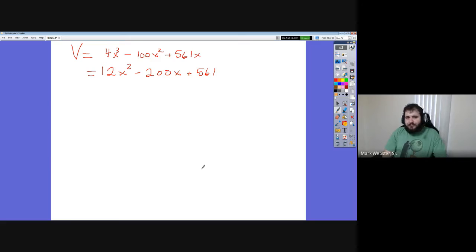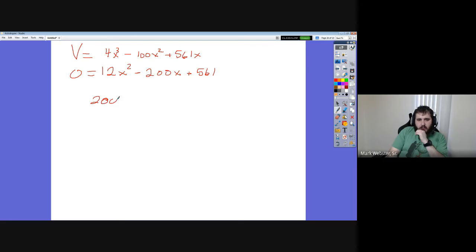Okay. So they don't have anything in common, 212 and 561. So we're going to use the quadratic formula, I guess, to find our x values.